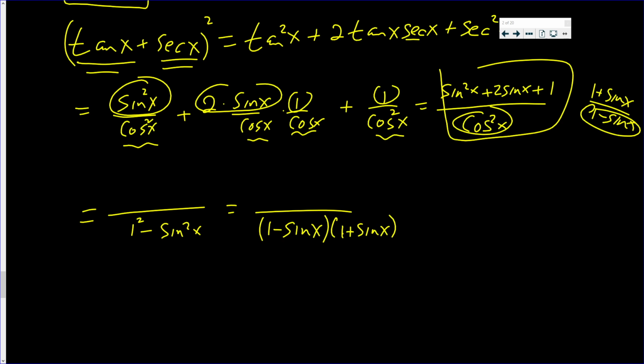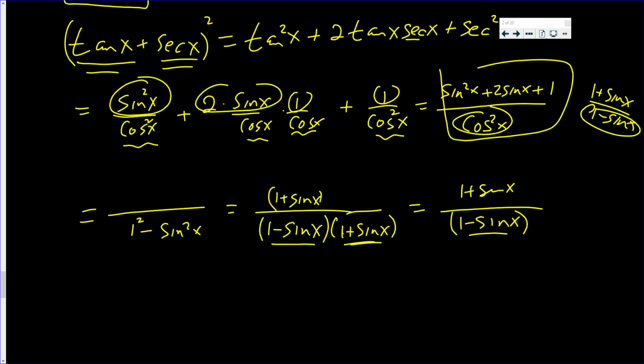So how is this going to become just 1 minus sine x on the bottom and 1 plus sine x on the top? Well, I have the bottom, that's good. So I want to get rid of this, no problem. I'll multiply by 1 plus sine x, and those cancel, and I get 1 minus sine x on the bottom.